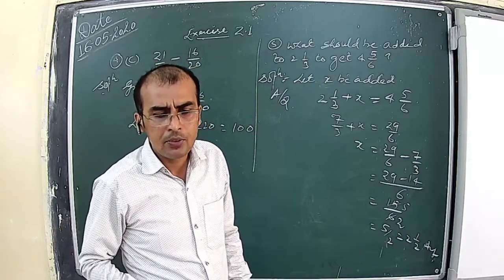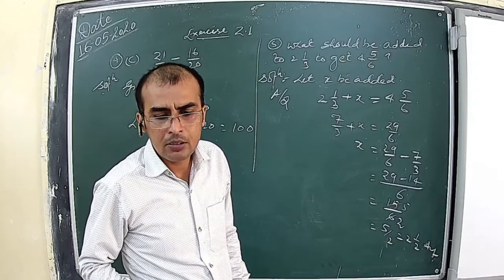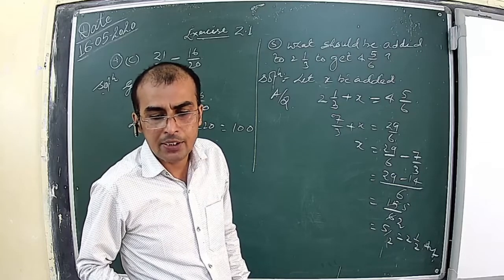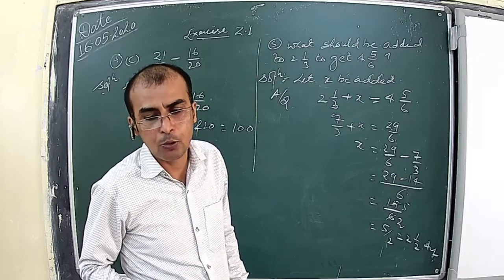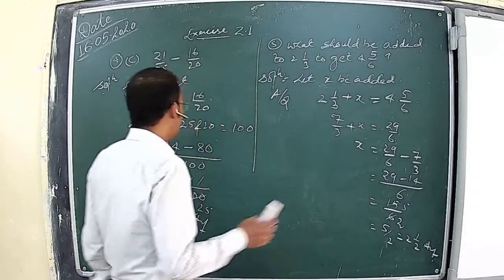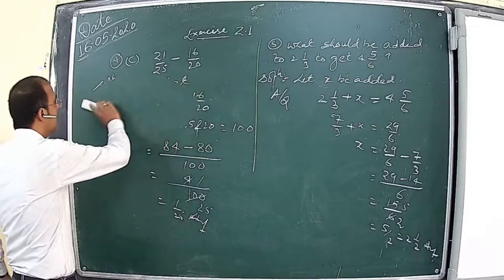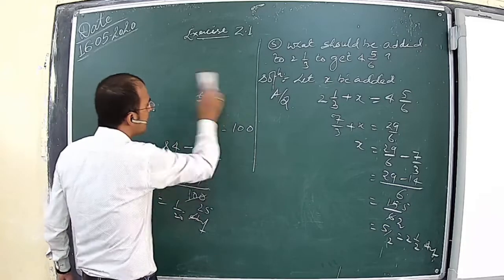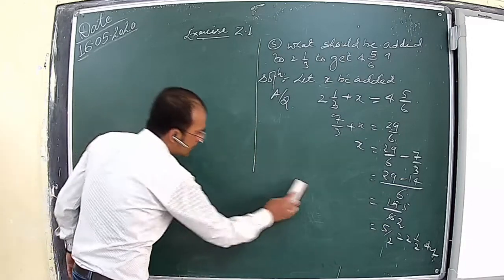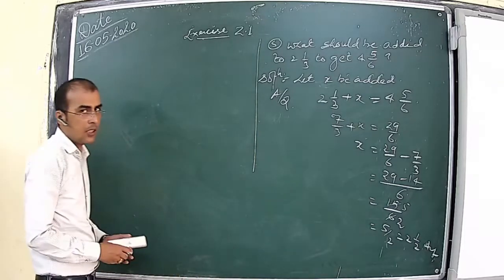Next question, 6. Sorry. A square sheet of paper has side 3 whole 4 by 5 centimeter. Find its perimeter. Since you know the perimeter, what is the perimeter? In the last class you have studied about the perimeter.